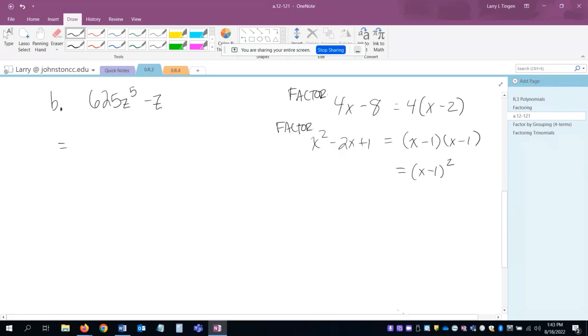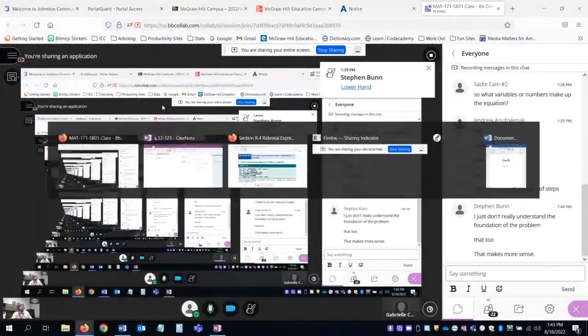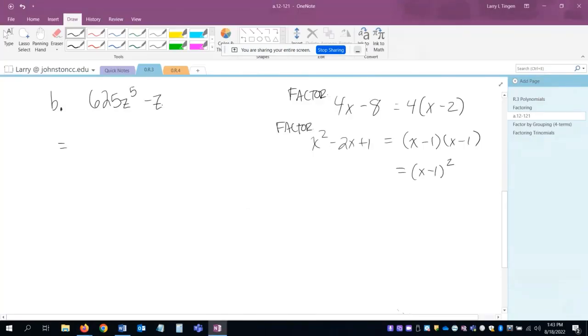So whenever I'm asked to factor, my first step is always to try to make any common factor come out front. And in this case, I had the z. So both terms have a z.